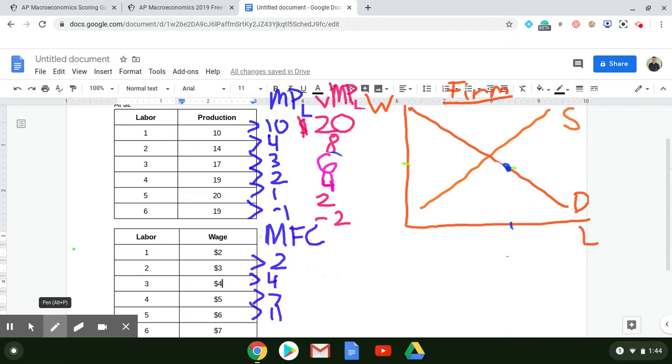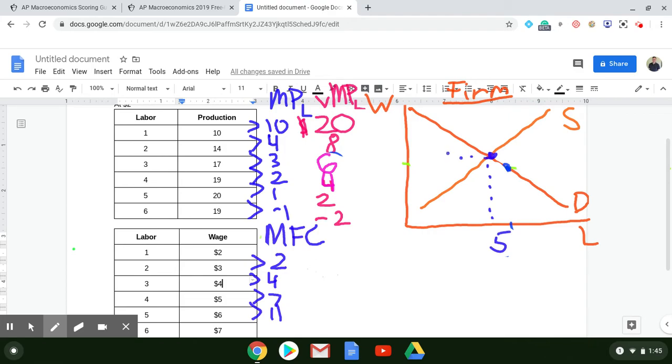Because the fifth person's marginal value product is $2, and the marginal cost to you is only $1 extra versus the sixth person. So presumably we'd be all the way up here at the fifth person. That would be our market clearing place right here.